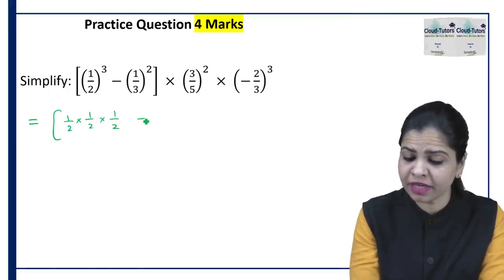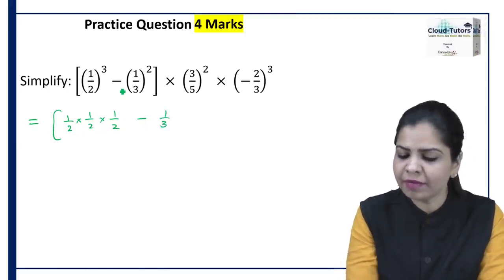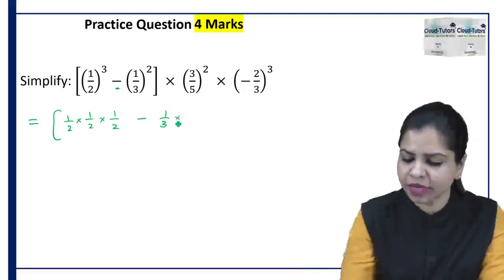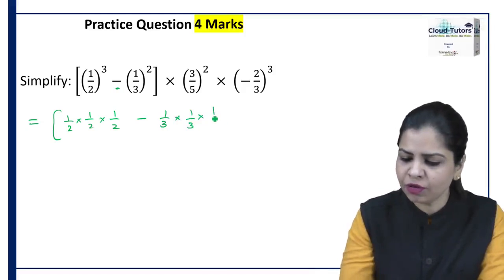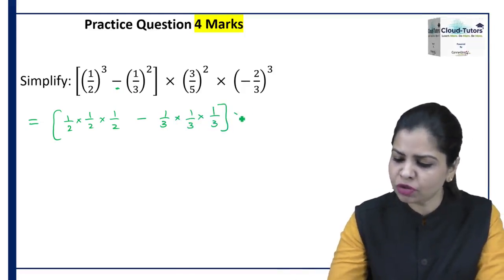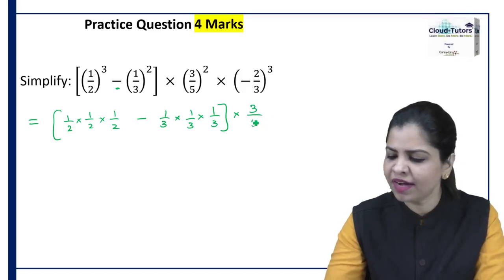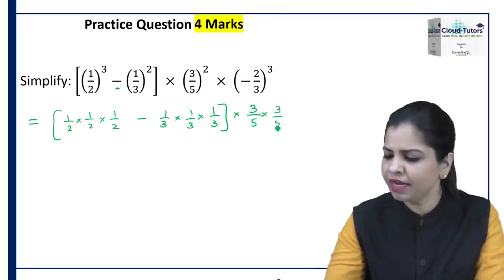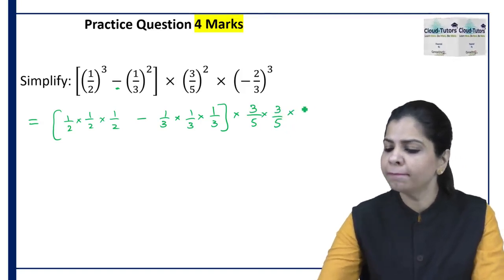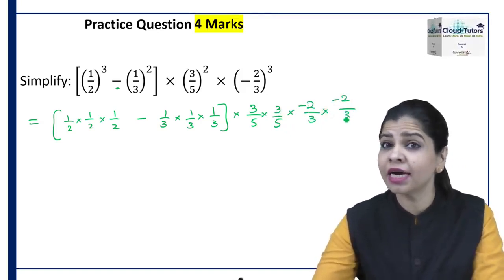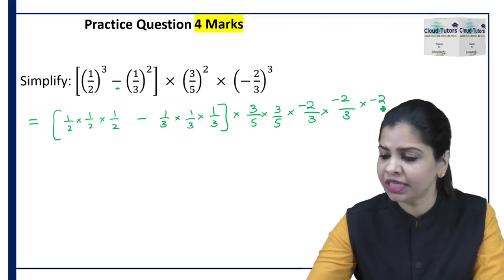So order is coming here, 1 by 3. Remember here minus is not under the bracket, so I'll write it only once. So into 1 by 3 into 1 by 3, and I will also expand the brackets here. So 3 by 5 into 3 by 5 into minus 2 by 3 into, here minus is under the bracket, so I'm writing it 3 times.